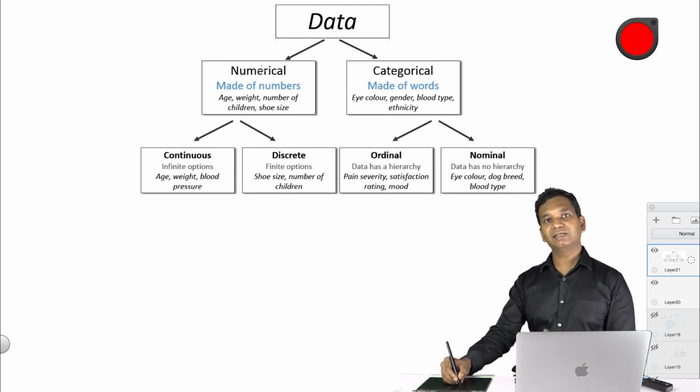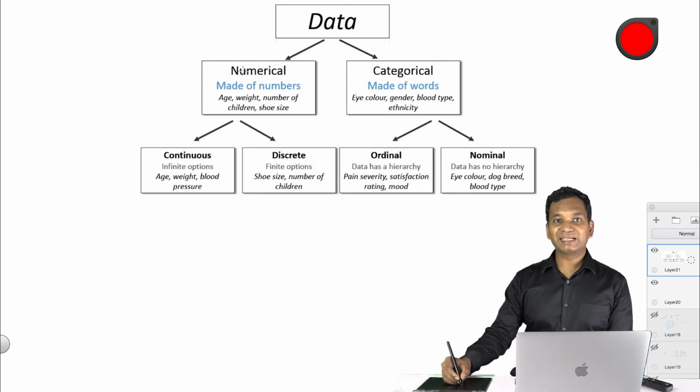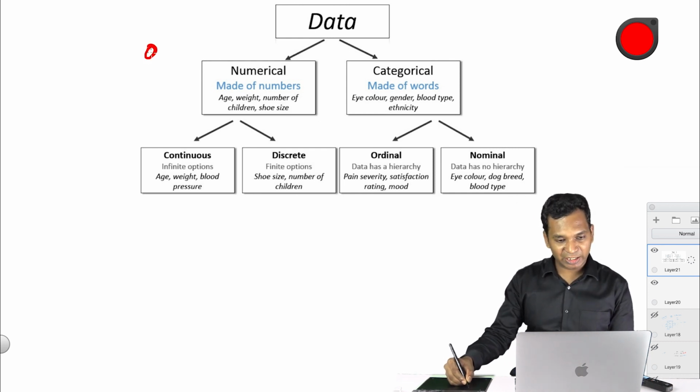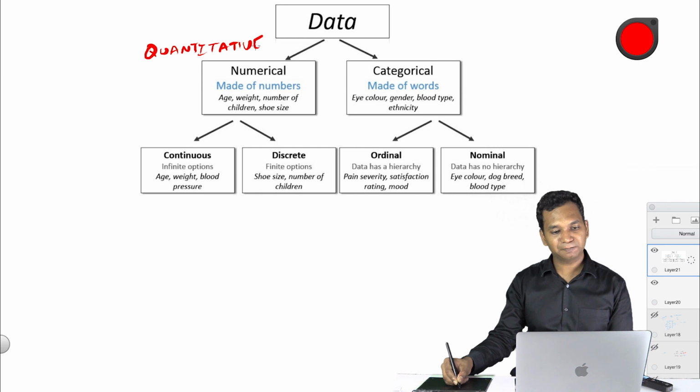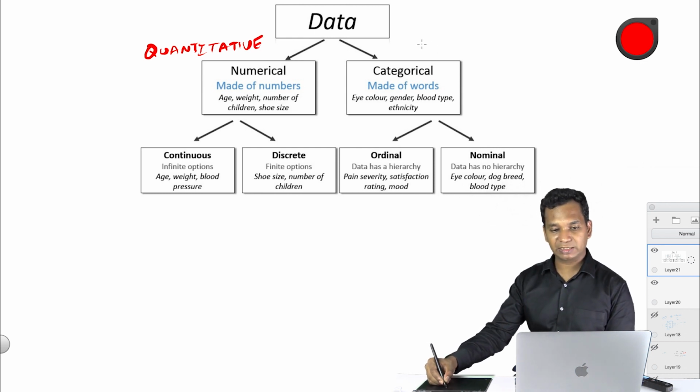Numerical data and categorical data. Numerical data is also called quantitative data, just a different name. And categorical is called qualitative data.